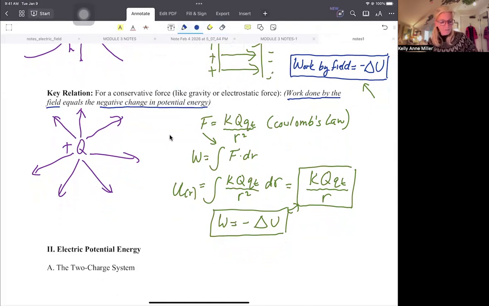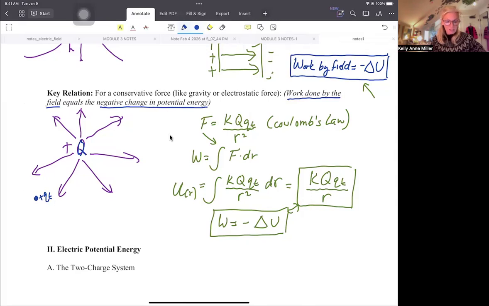So let's say I have this test charge, a positive test charge, and it's in the field produced by this positive Q. Okay, and I want to push it closer to the big charge, positive Q.